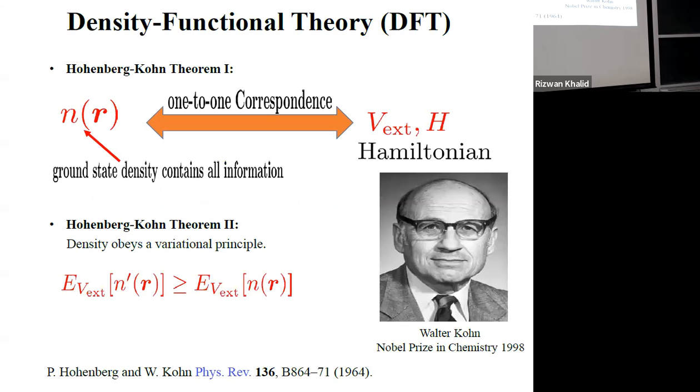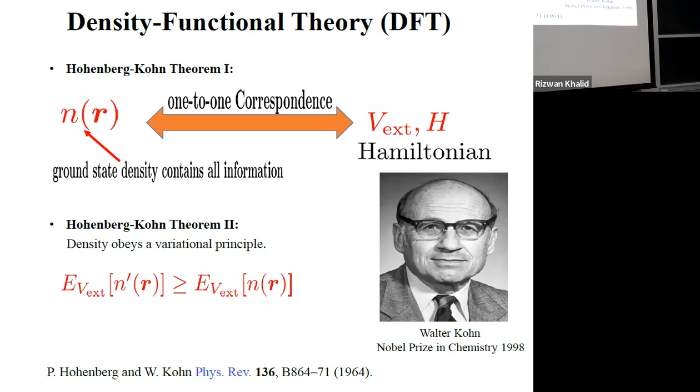How does the density functional theory work? What are its bases? So now density functional theory claims that the basic quantity which we need to know to calculate all the variables is the electron density. And if you know the electron density, you should be able to calculate all the variables related to the system.